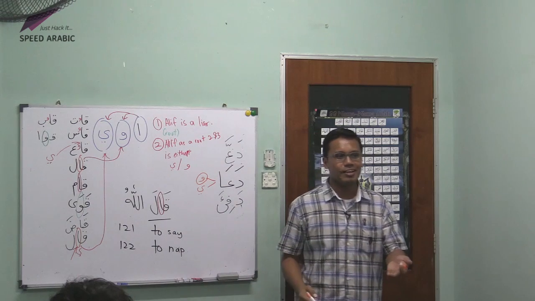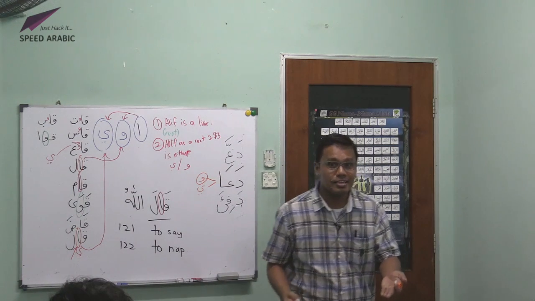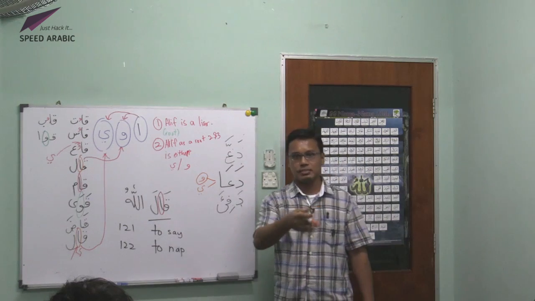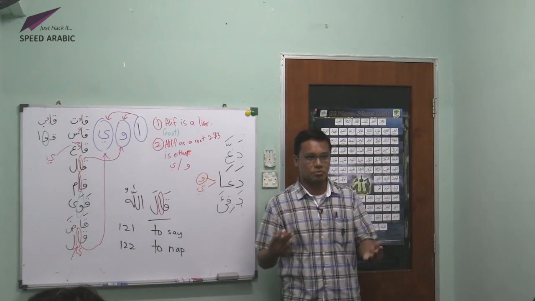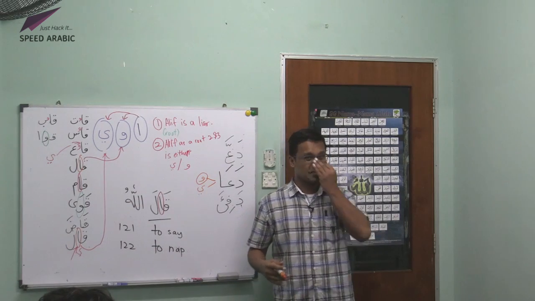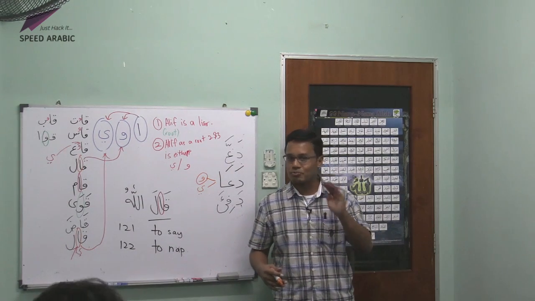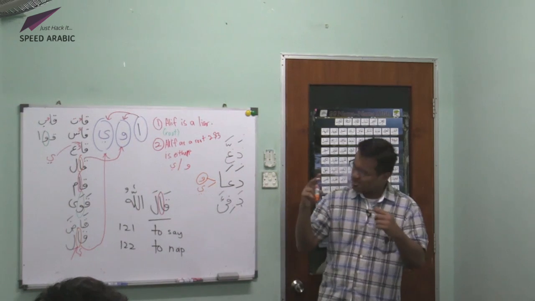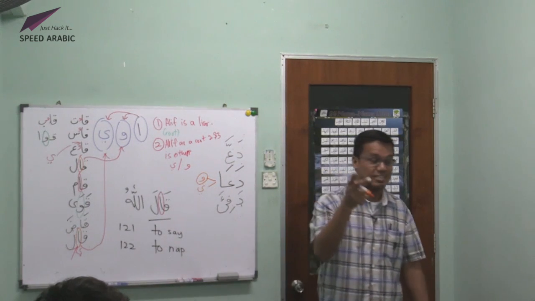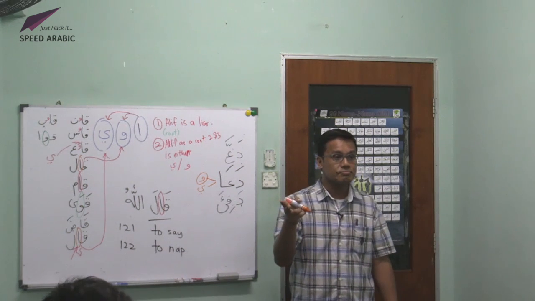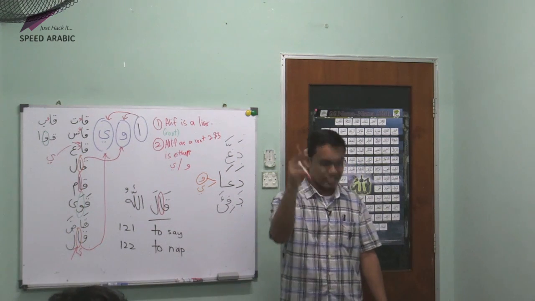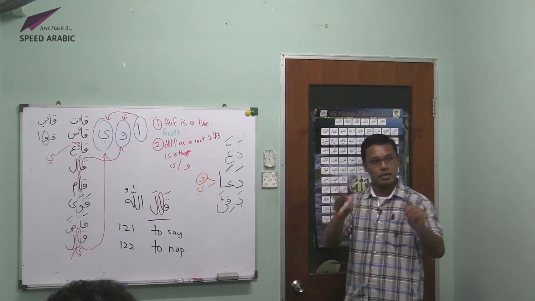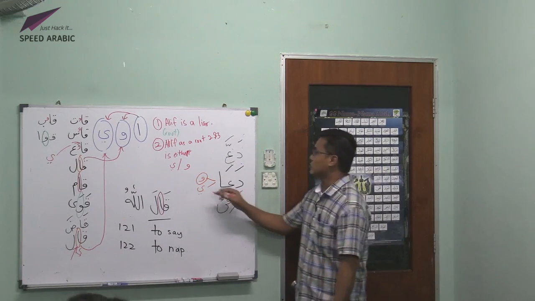How do you know it's waw? It comes before ya because of the sequence. You can know because of the sequence, but you can also know, and this is for advanced students, for basic students you may find this a bit difficult, from the present tense of da'a: yad'u. So you know that it's a waw. For advanced students, you know from the mudari.